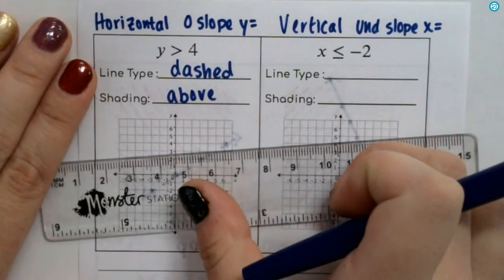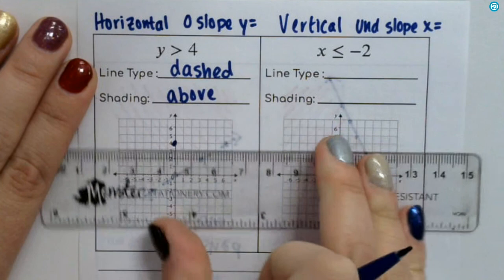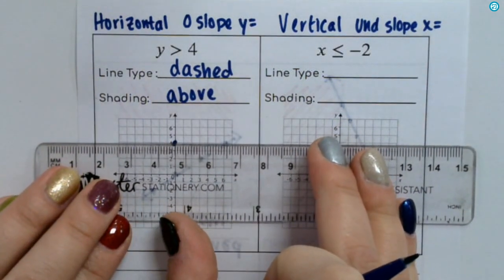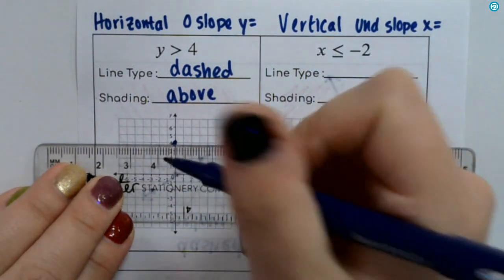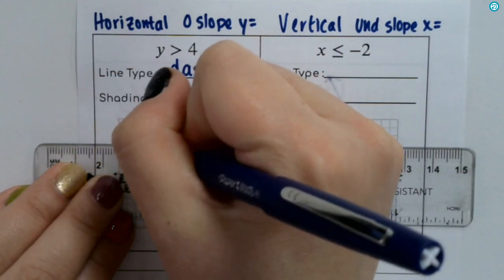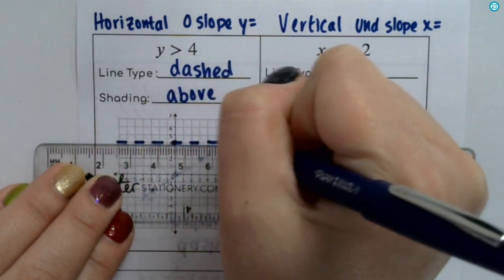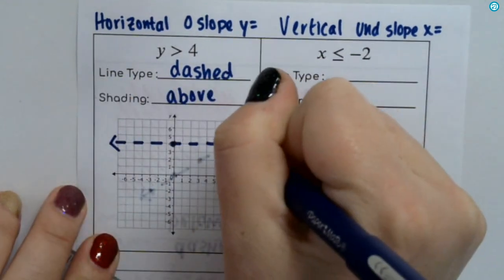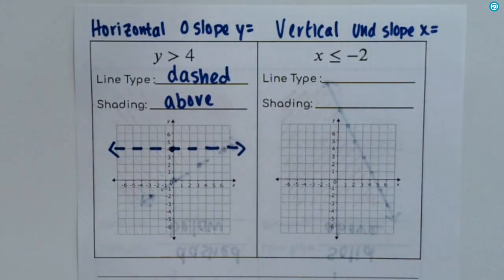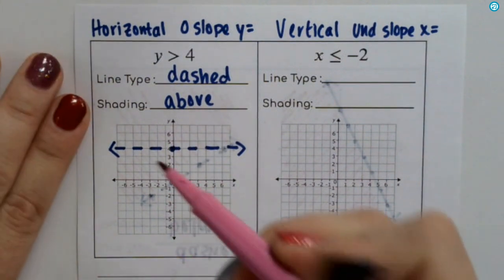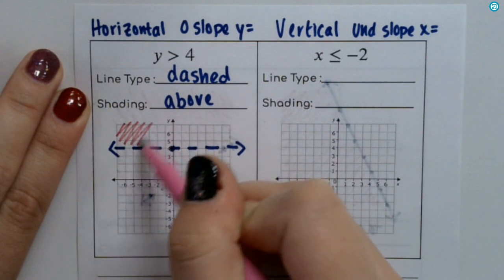So I'm going to do a horizontal line at 4 right here. And you make that line dashed. So I lay down my ruler and then I go like this. Beep, boop, beep, boop, beep, boop, beep. And then I'm going to be shading above this line.